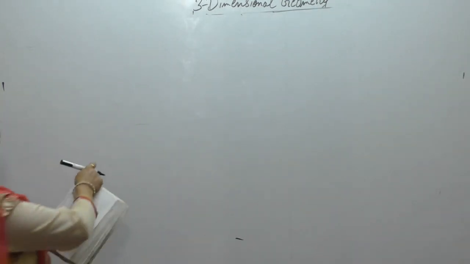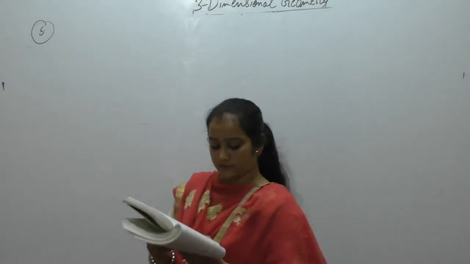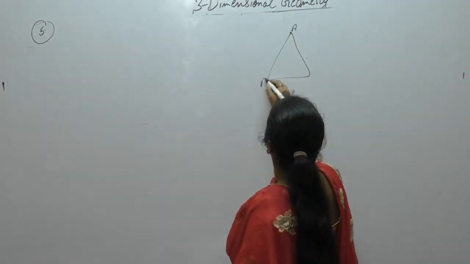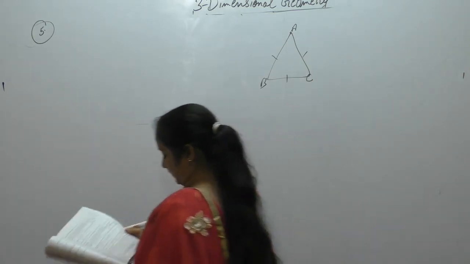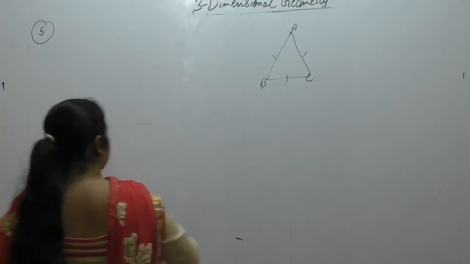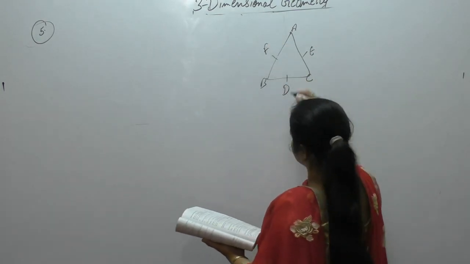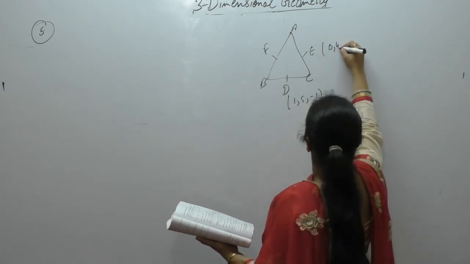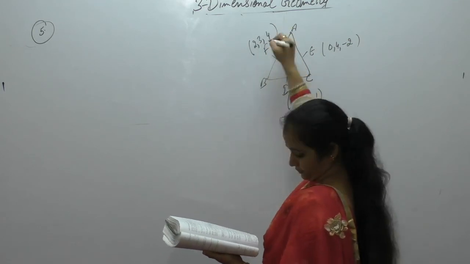Now the next: the midpoints of the sides of a triangle. Let ABC be a triangle, then the midpoints are as follows. Let this be D, the midpoint of BC, this E, the midpoint of CA, and this F. Midpoints are given as (1, 5, -1), (0, 4, -2), (2, 3, 4).